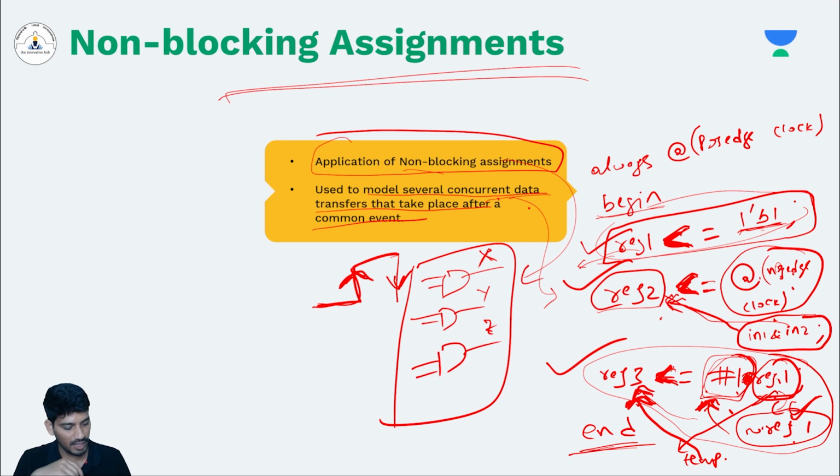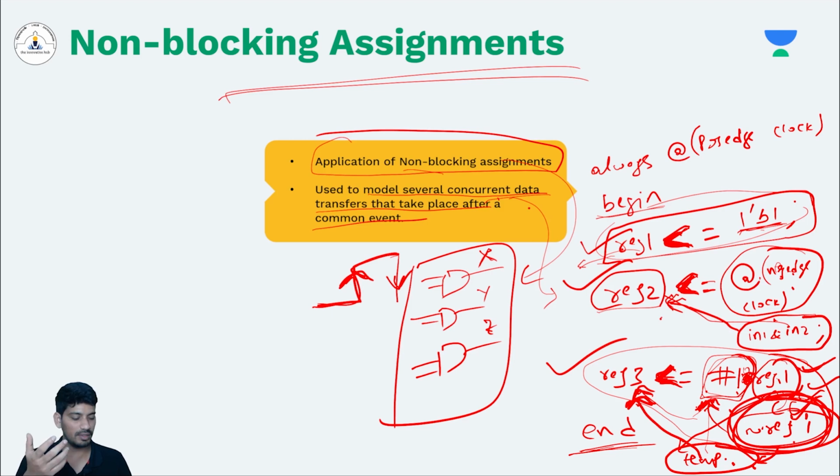What is happening inside the non-blocking statement is, the non-blocking assignment will always read the right hand side expression. Whether it is an expression or a register, it will read it and perform it, and store it inside a temporary register. Then after a particular amount of delay, if you have given a delay, it will execute after that delay.